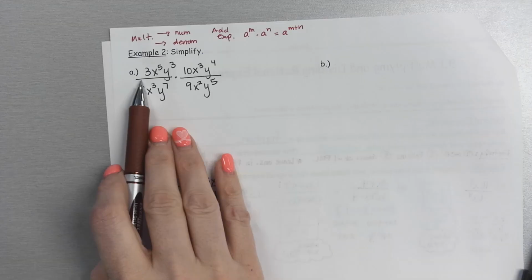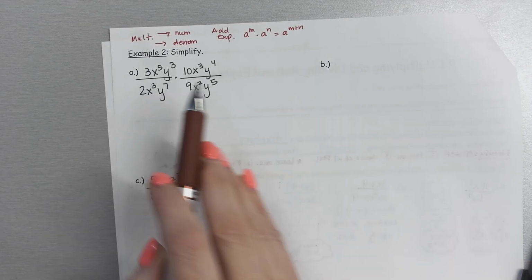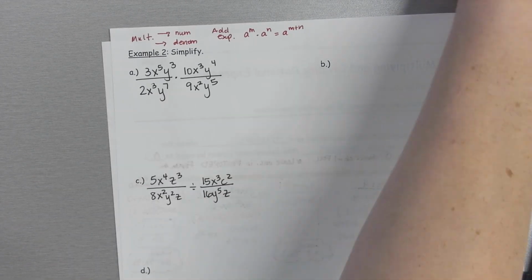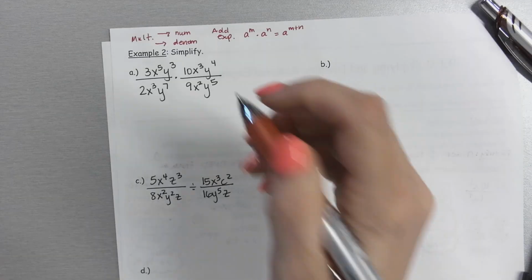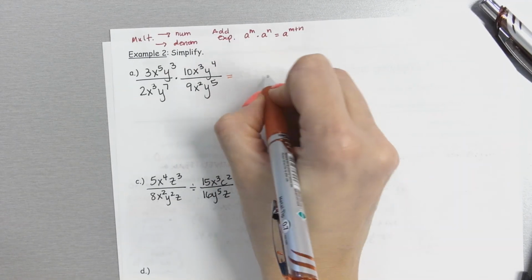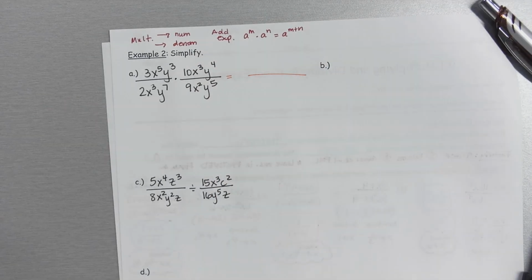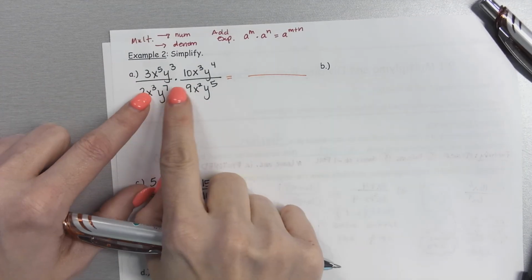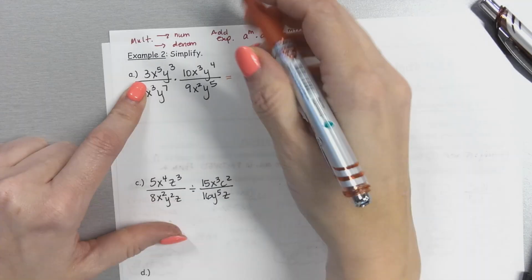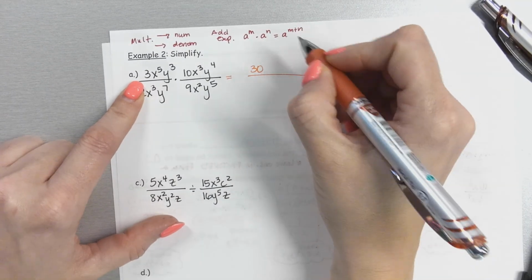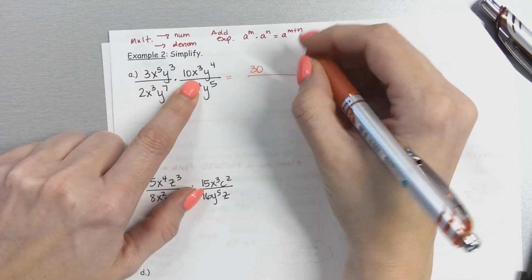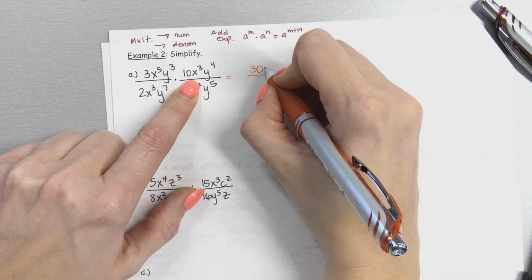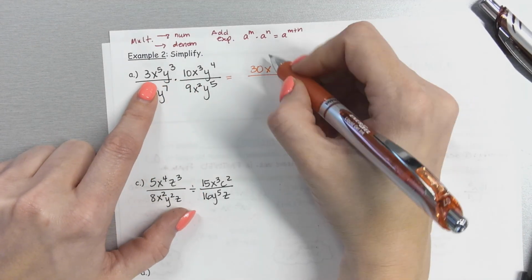So you can multiply everything straight across, or in the next one, I'll show you another strategy you can use. What I do is I make a big fraction, and there's more than one way to do this. You're going to find what works for you. When you are multiplying across, the 3 times 10 is going to be 30. X to the 5th times x to the 3rd is going to be x to the what?